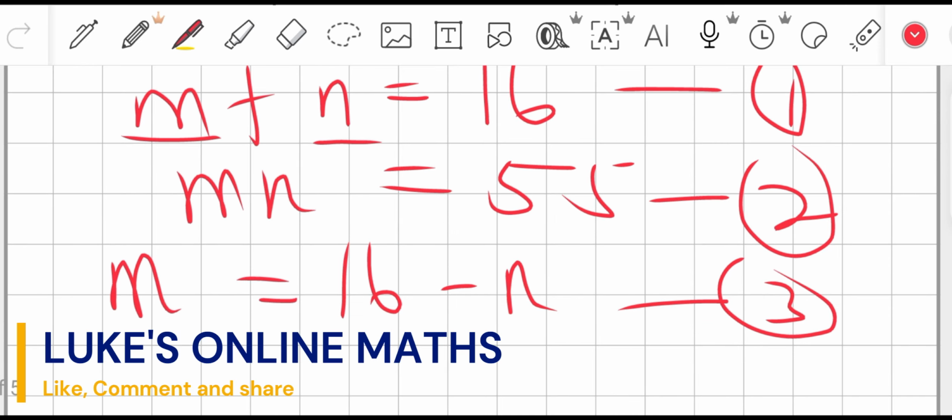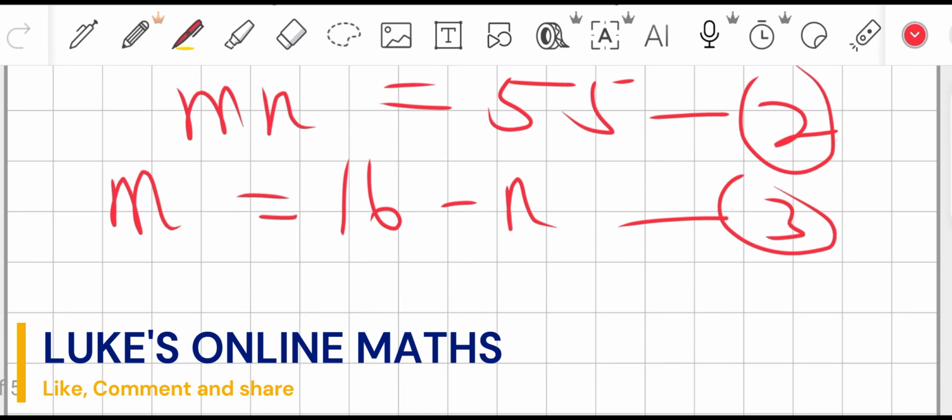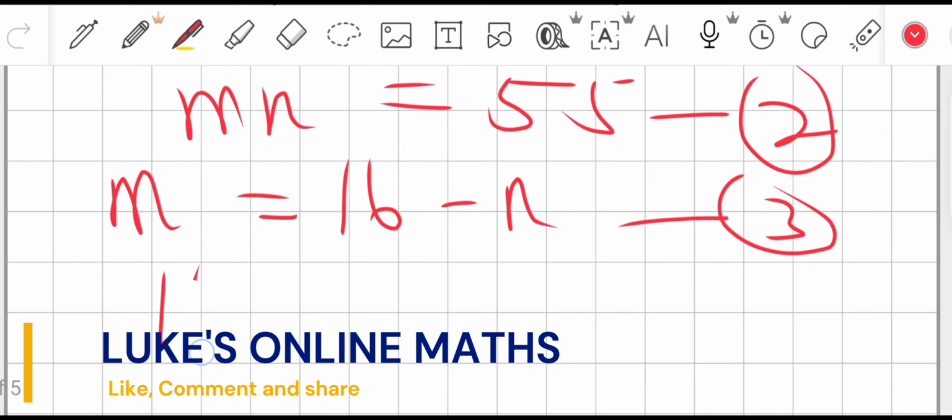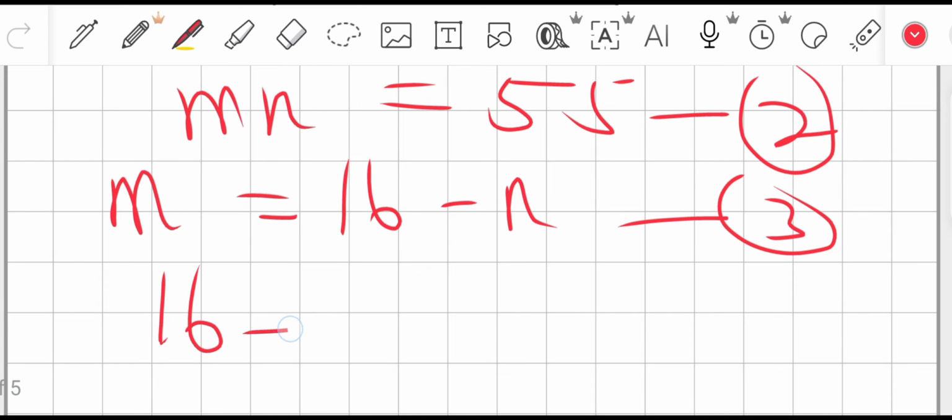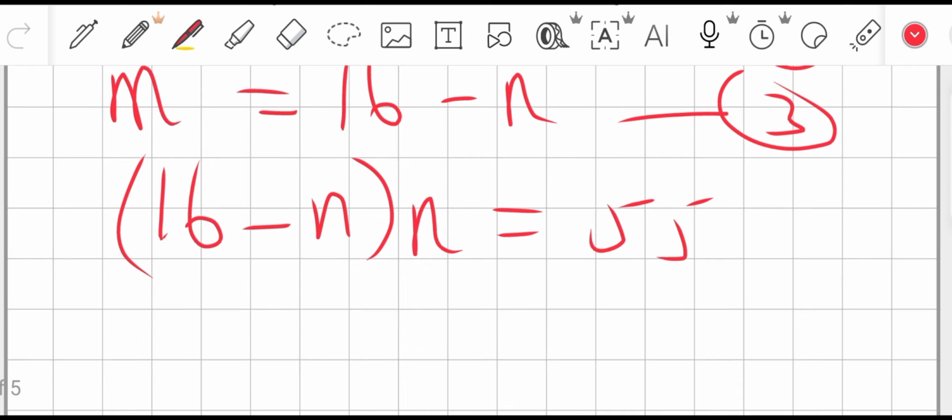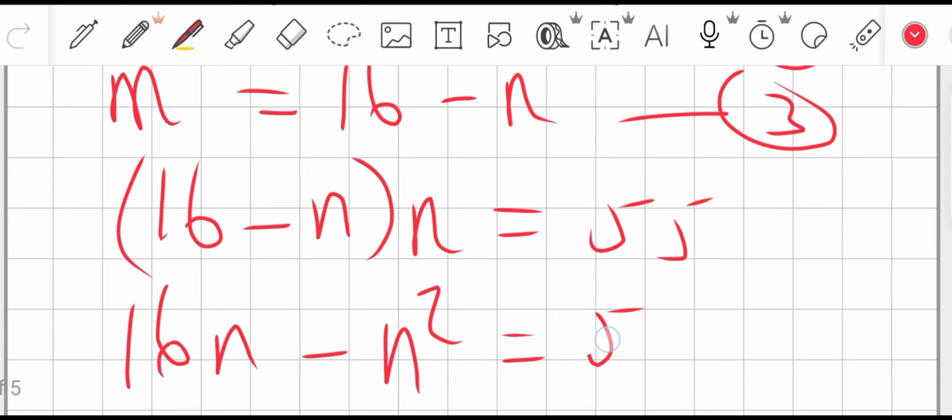Inputting the third equation into the second one, we have 16 minus n, multiplying n, to be equal to 55. So we come down, we have 16n minus n squared being equal to 55.